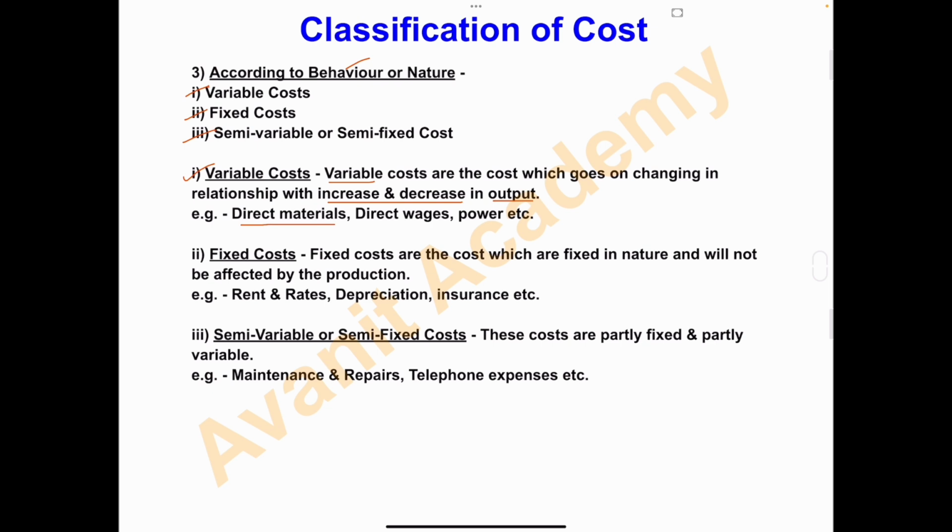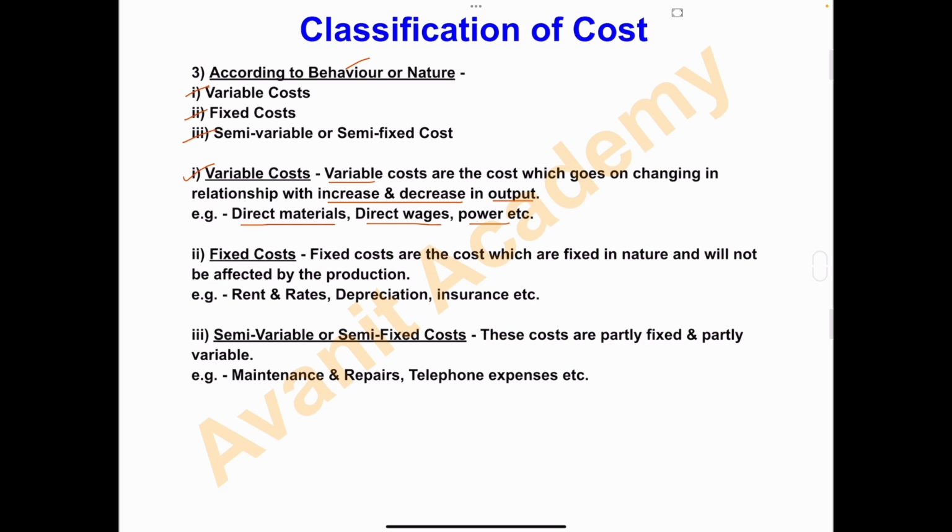So then the direct wages or the direct labor cost will increase. And power supply. More production means you have to run machine for more hours. The power consumption will be more. So the cost which changes with the increase and decrease in output, such types of cost are called variable cost.